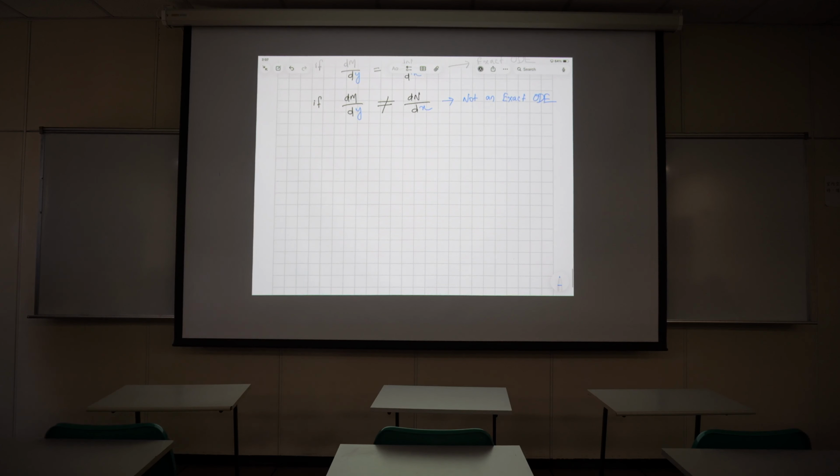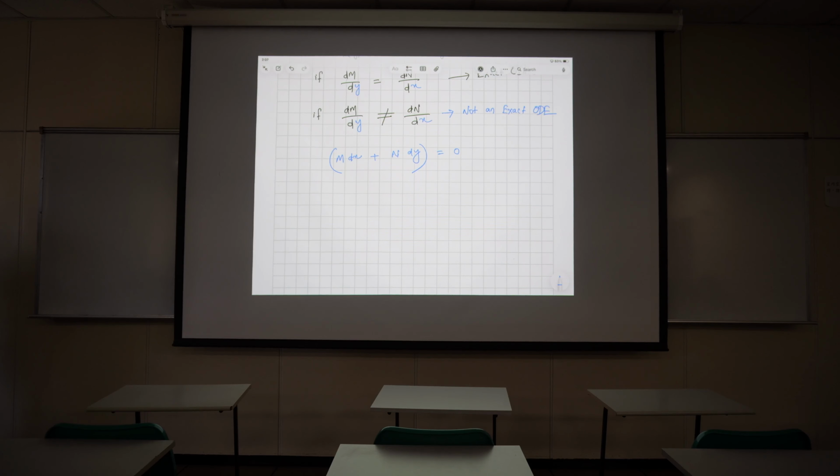So now the ODE we have is this one. M dx plus N dy is equal to 0. For simplifying, I'm not writing xy with M and N every time, because it is the same function. So now what we need to do is multiply one function with this ODE.